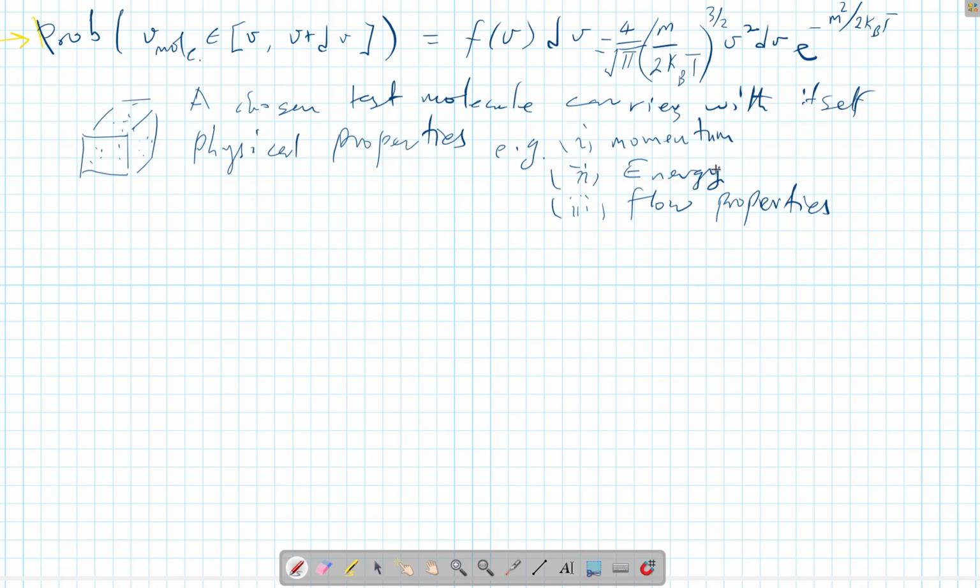And whenever I talk about average, remember we compute averages using the probability distribution, and here we have the Maxwell-Boltzmann probability distribution. That's the main gist. We're going to use that probability distribution to compute various properties.